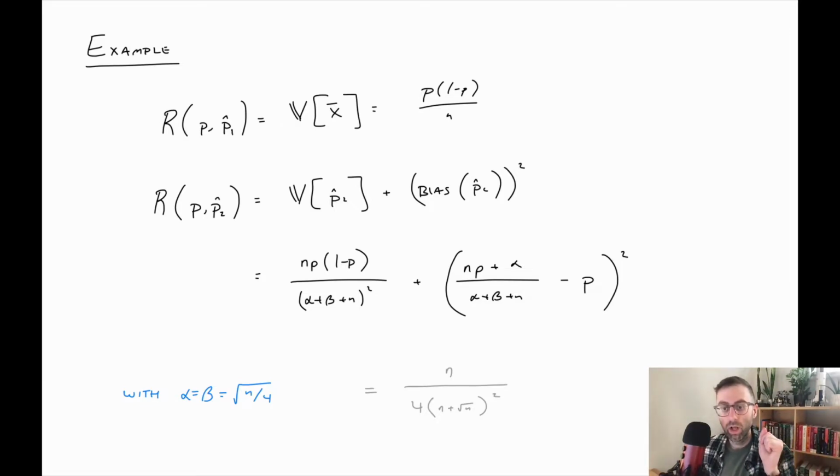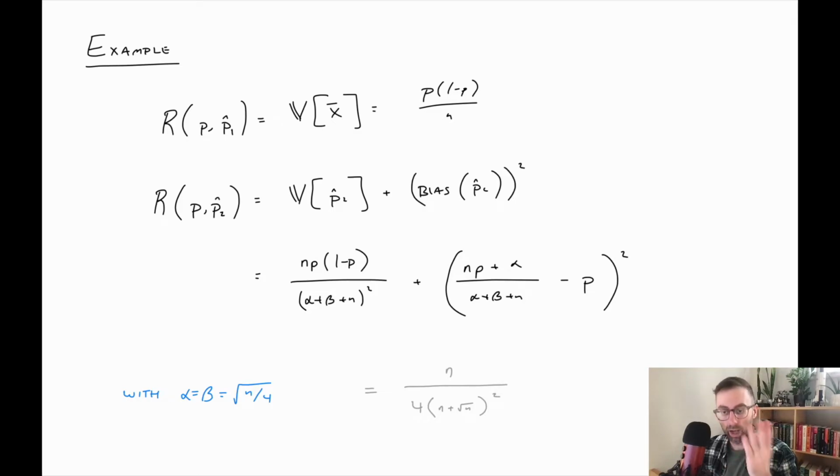Now, note that the risk of the second estimator depends on the prior that we chose. So arbitrarily, for reasons that are explained in the book, I'm going to choose a prior with both alpha and beta equal to square root of n over 4. That is arbitrary for all intents and purposes. There's a little bit of explanation of why that is in the book.